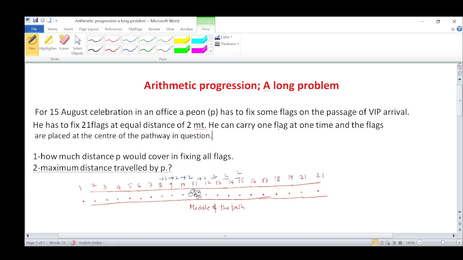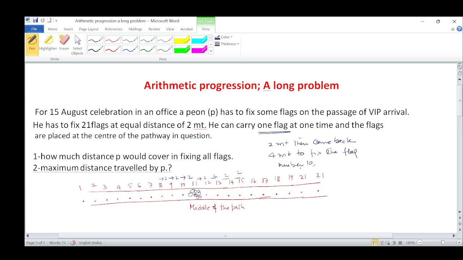It says he can carry one flag at a time. So if he is sitting at 11, then if he want to post flag number 10, then he will move 2 meter, then come back, I mean he has to travel 4 meters to fix the flag number 10.